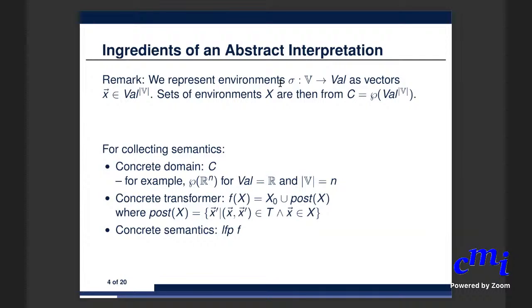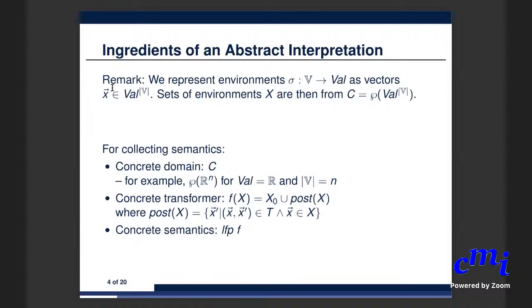We have seen in structural operational semantics that an environment maps each variable to a value from the domain. But when we capture it symbolically, the set of states is captured by some subset over that product domain. That's what it means.